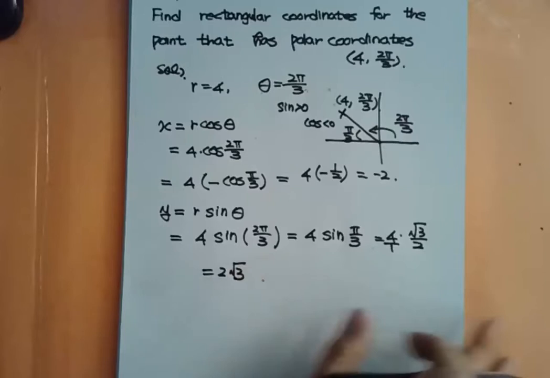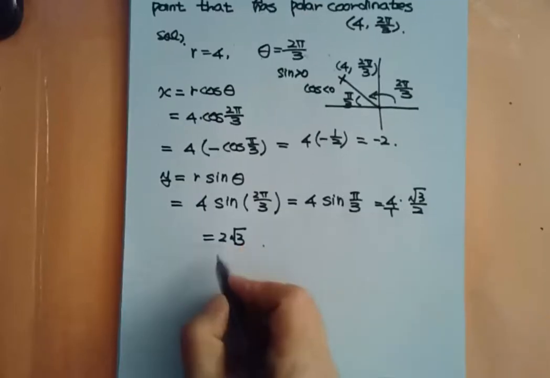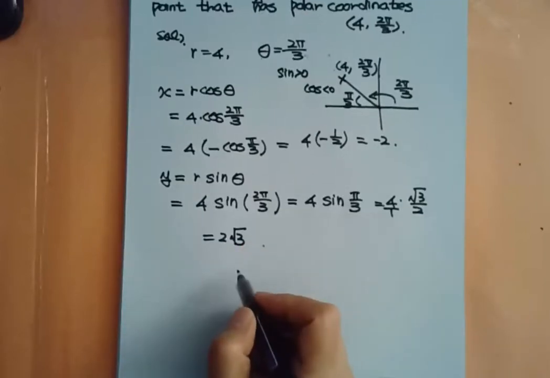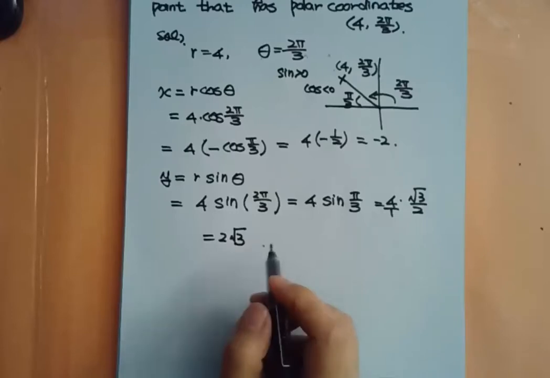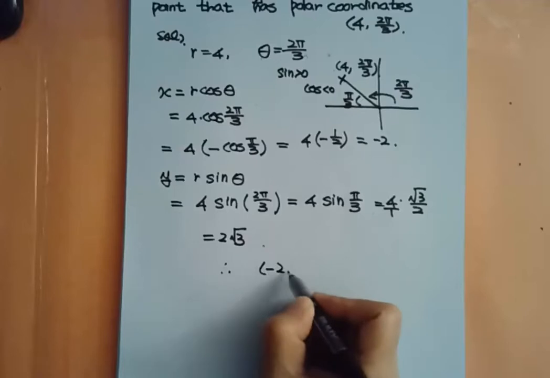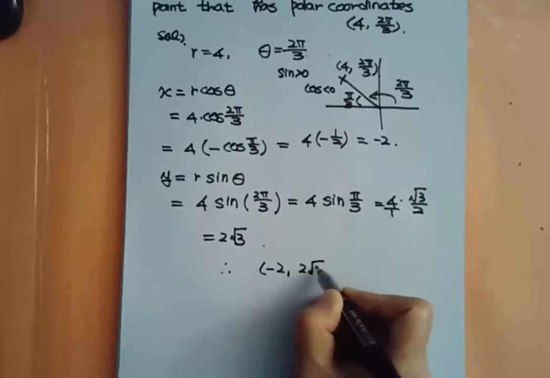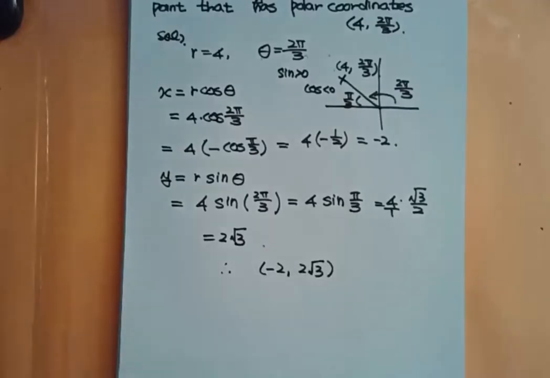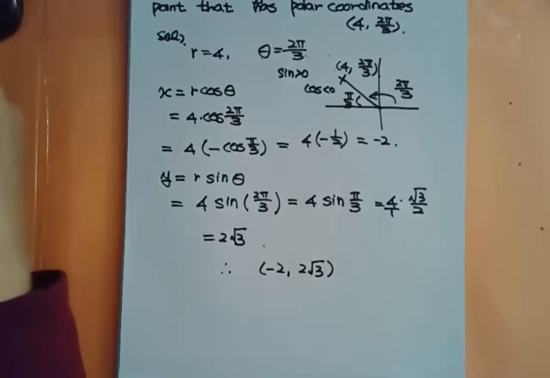So the rectangular coordinate we can obtain from the polar coordinate for 2 pi over 3 will be minus 2 and 2 square root of 3. Any question?